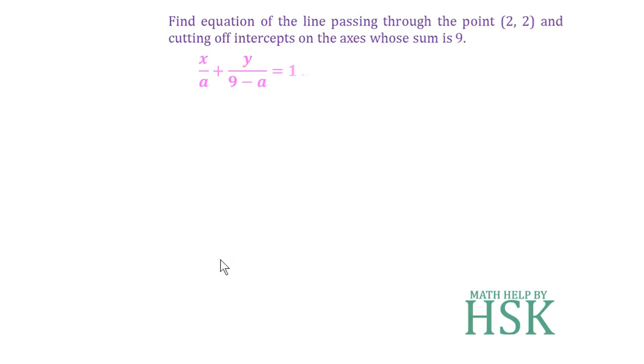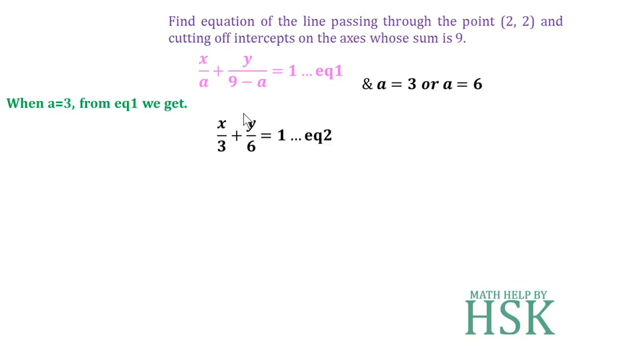Now this was our equation number 1, which I have discussed, that on placing the value of a we will get the equation of the line, and we have calculated a = 3 or a = 6. So placing a = 3 in equation number 1, we get x/3 + y/(9 - 3) = 1, that is x/3 + y/6 = 1.